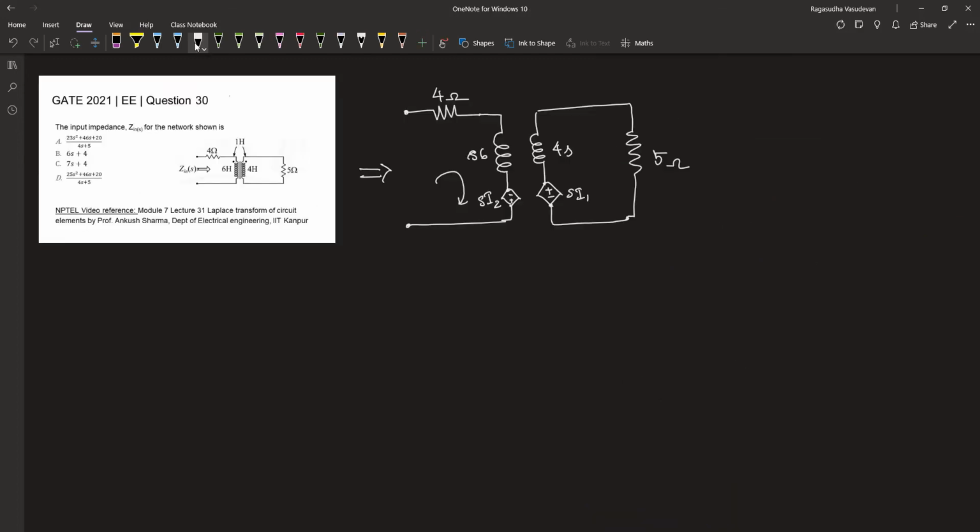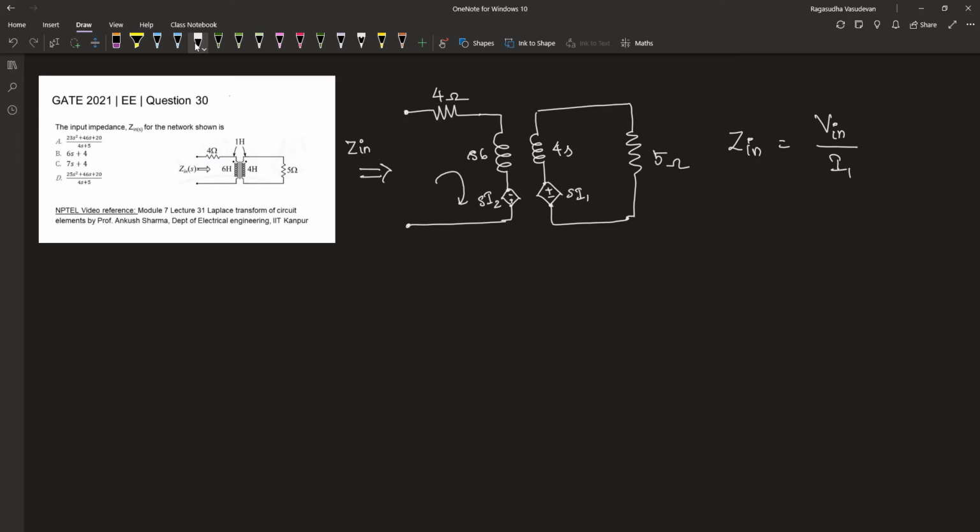Our objective is to find out the impedance of this circuit looking at the input terminals. From Ohm's law, we know that the impedance would be the voltage across the ends divided by the current that is passing through it. The voltage is not given to us.